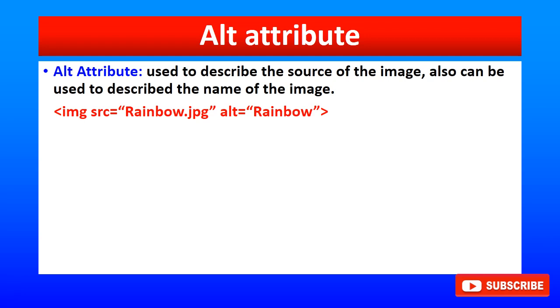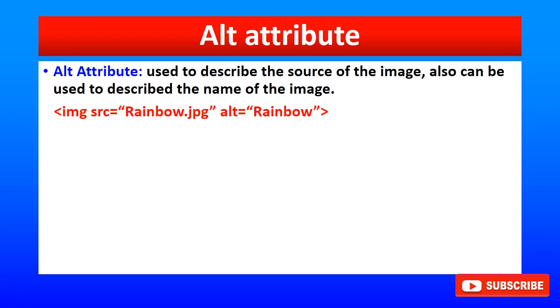Then till the image gets downloaded, till that much time whatever you have written here against alt attribute, that is alternative of image, that will be displayed on the screen. So it will be helpful for the user. He will come to know that this image is of so and so thing.